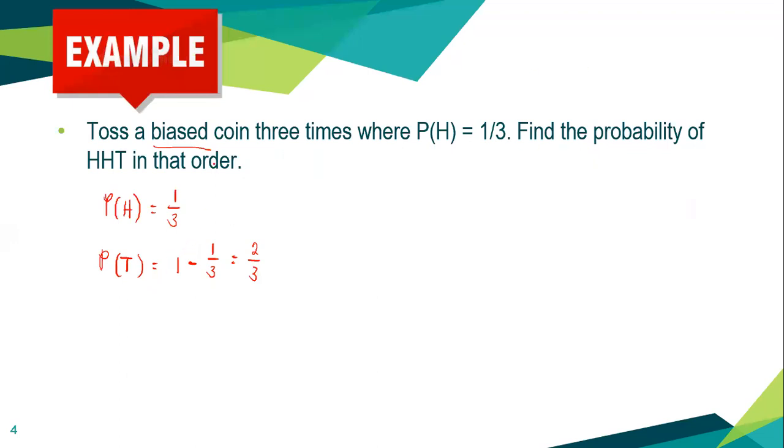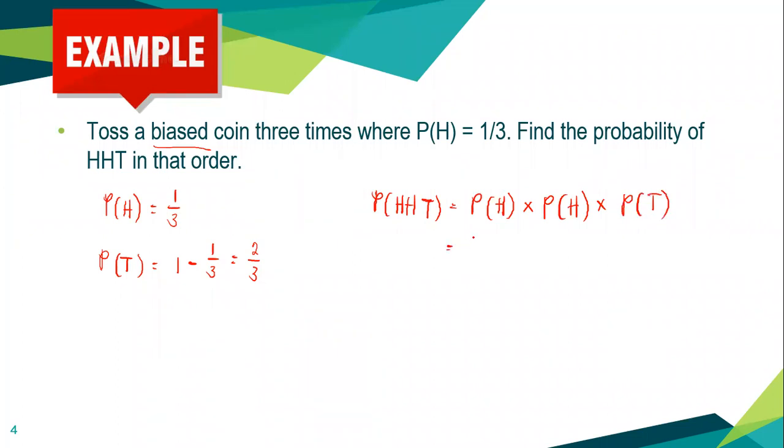Find the probability of head, head, tail in that order. Ano daw kaya yung probability of HHT? So we have, let me write it here. Probability of head, head, and tail. So that is equal to probability of head times probability of head again times probability of tail.